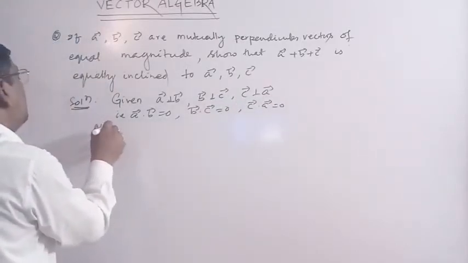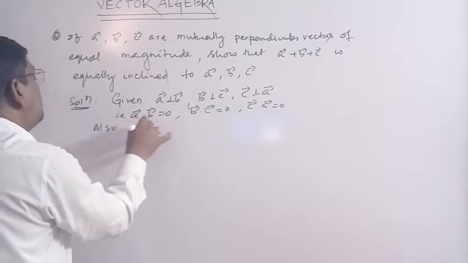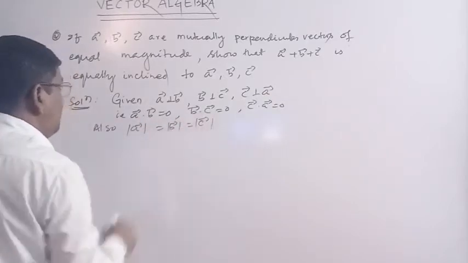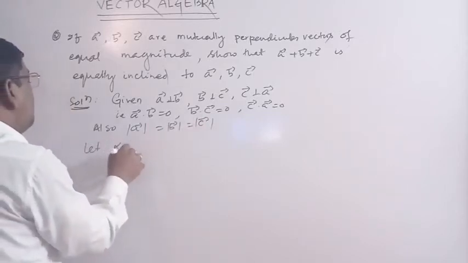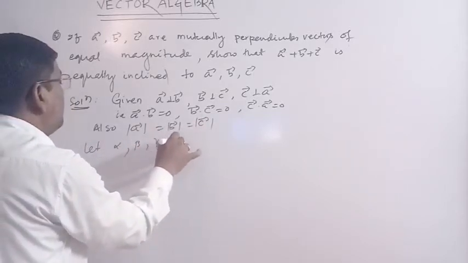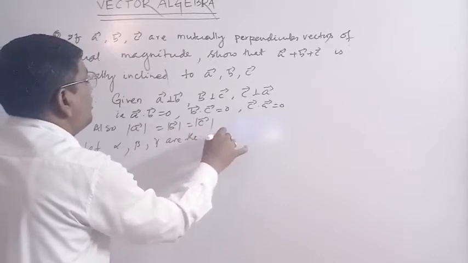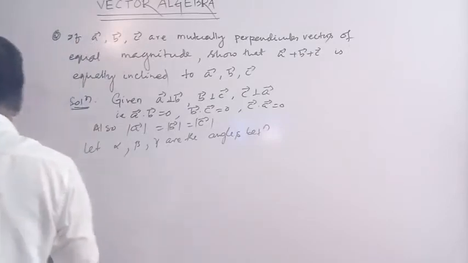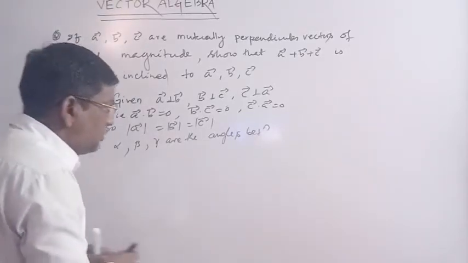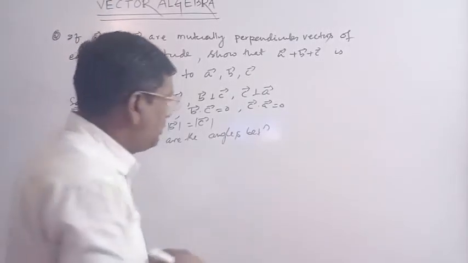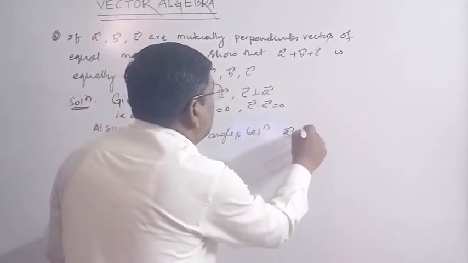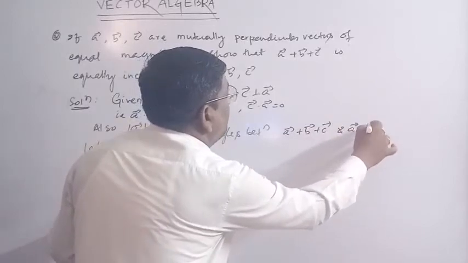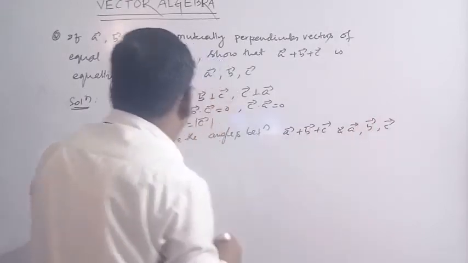Also given magnitude of A is equal to magnitude of B is equal to magnitude of C. Let alpha, beta, gamma are the angles between A plus B plus C and A, B, C respectively.